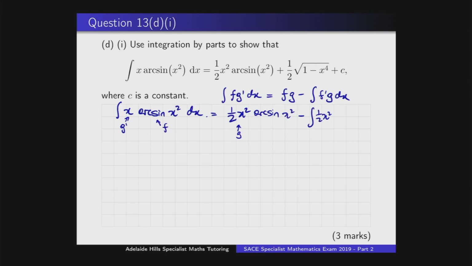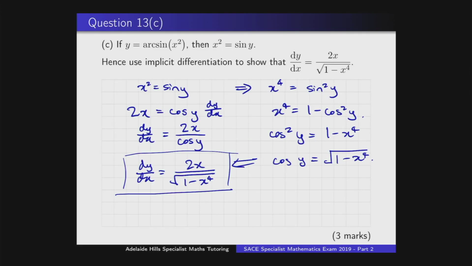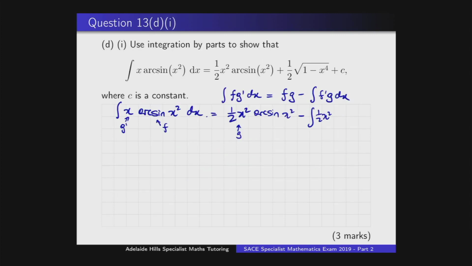Now from the previous question, just go back, we just showed when y equals arc sine x squared that dy dx is equal to 2x divided by the square root of 1 minus x to the 4. So we're going to put 2x over the square root of 1 minus x to the 4 up here. Okay, so that's the first part done.